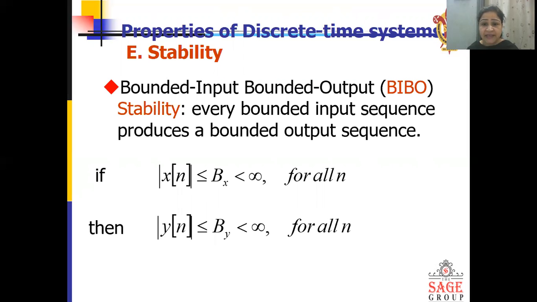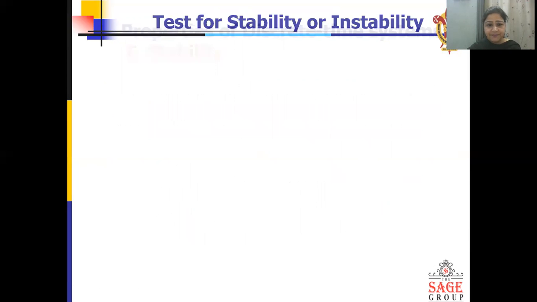Therefore, it is known as bounded input, bounded output stability, or we call it BIBO stability. That means if my input |x[n]| is less than or equal to some value Bx, which is less than infinity, that means Bx is a finite value for all n, then y[n] should also be a finite value, say By, for all n. Then only the given system will be a BIBO stable system.